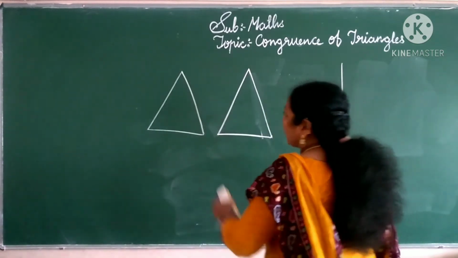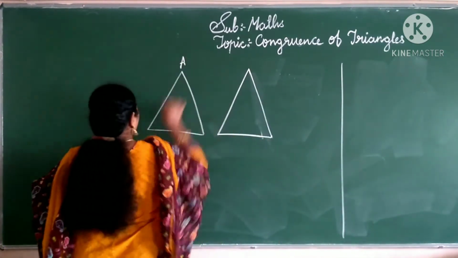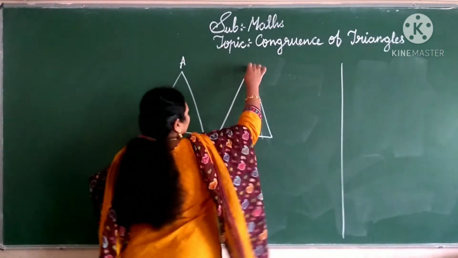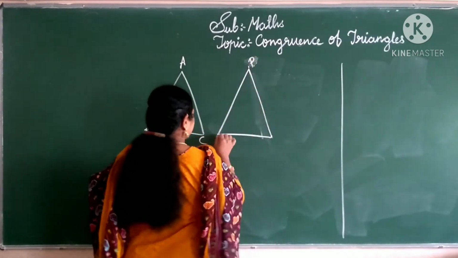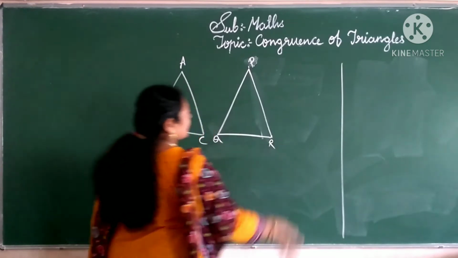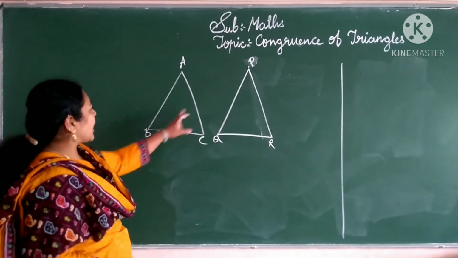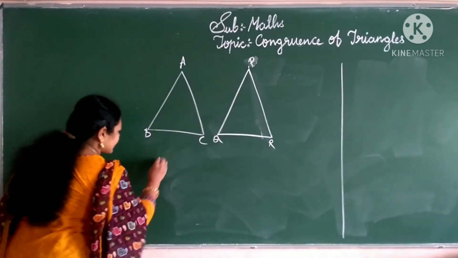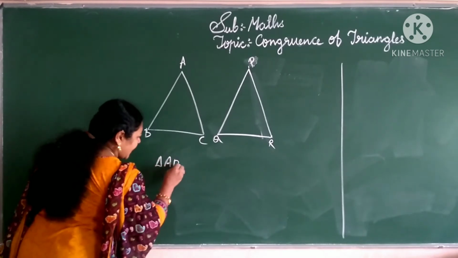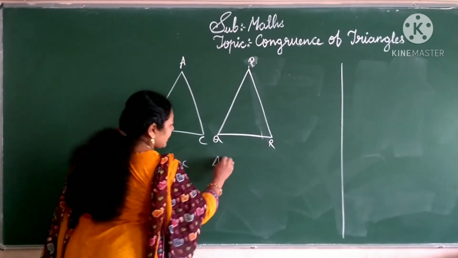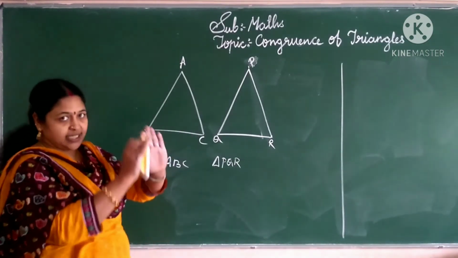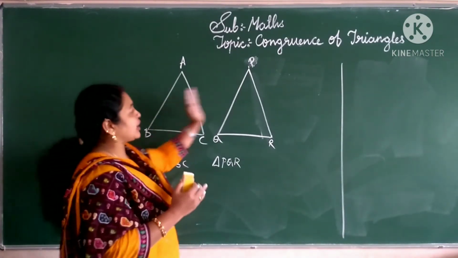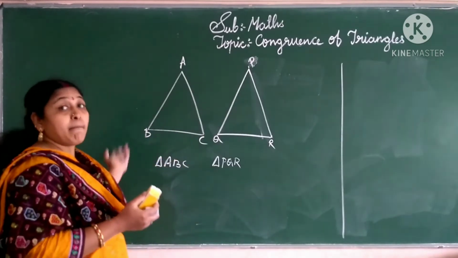Let us try to make these two triangles overlap each other, but I cannot overlap them on the board. If these two triangles, triangle ABC and triangle PQR, are placed on each other, they should match.